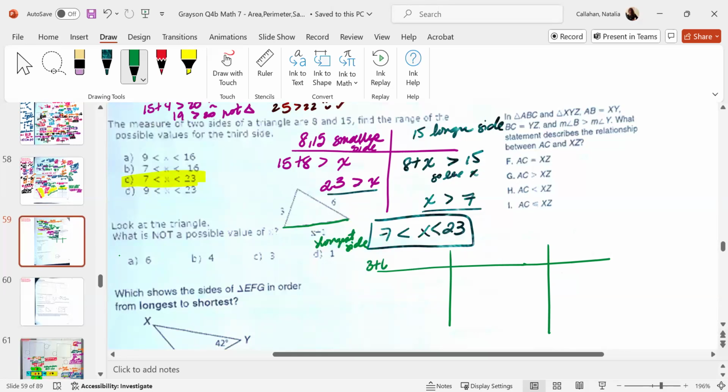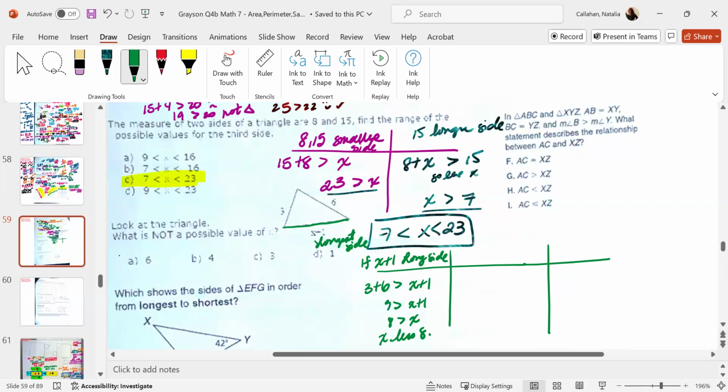Then 3 plus 6 has to be greater than x plus 1. So 9 is greater than x plus 1. Subtract 1, 8 is greater than x, or x is less than 8.